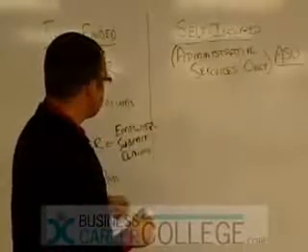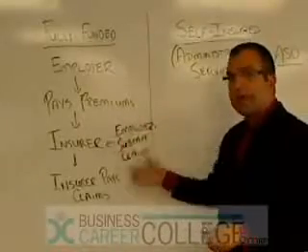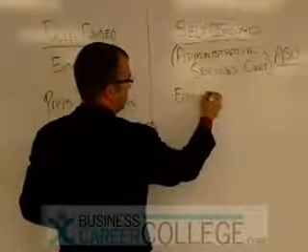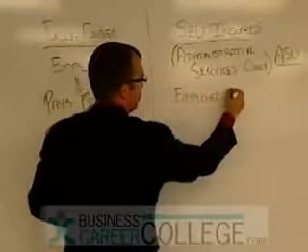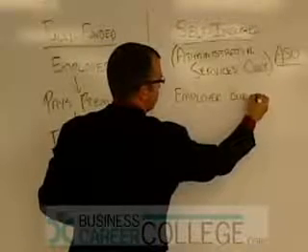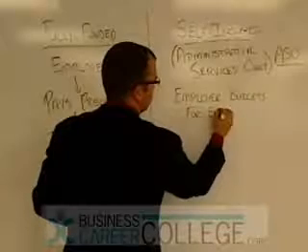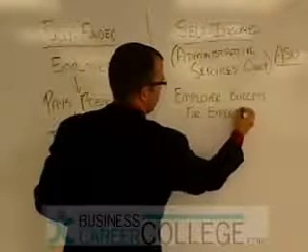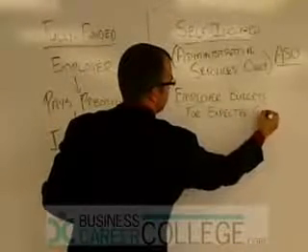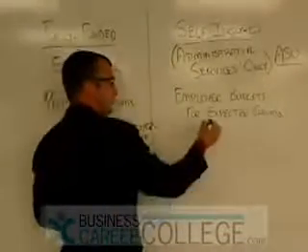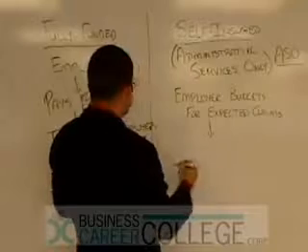So in a self-insured plan, the employer really cuts the insurer out of the loop. And what we're going to do now is the employer just budgets for the expected claims. And now, we're not paying a premium.